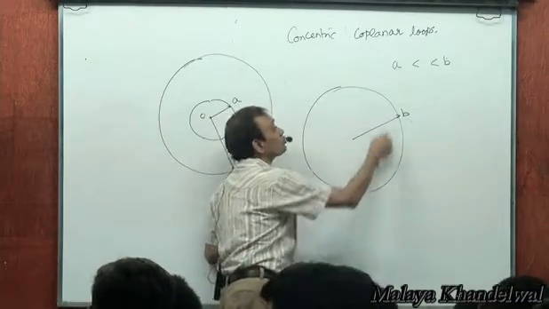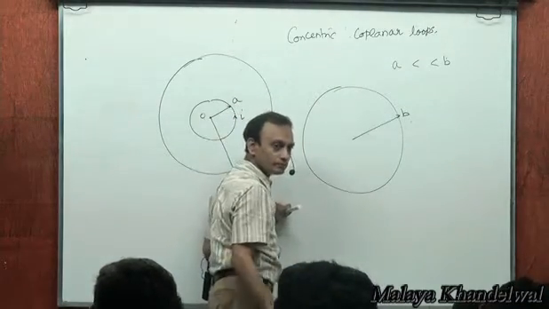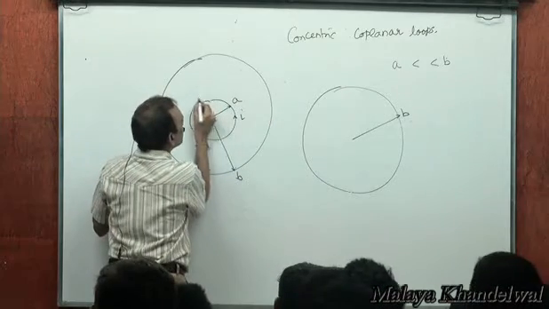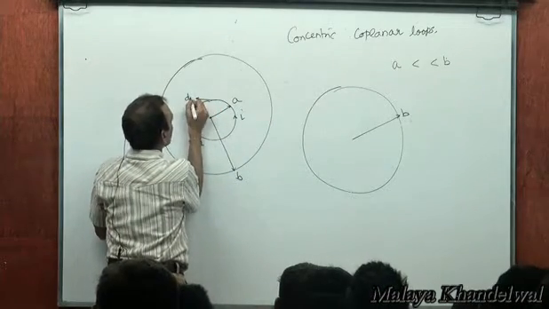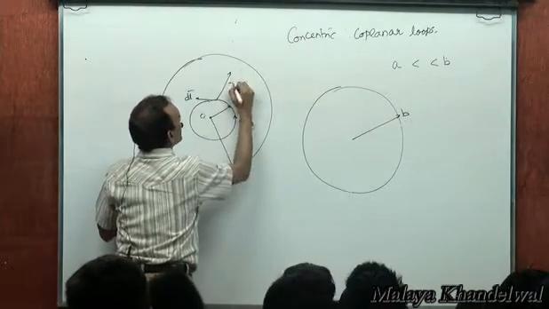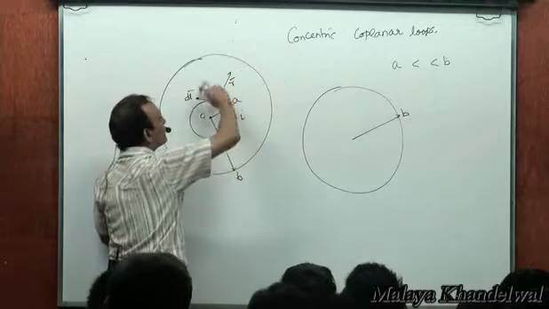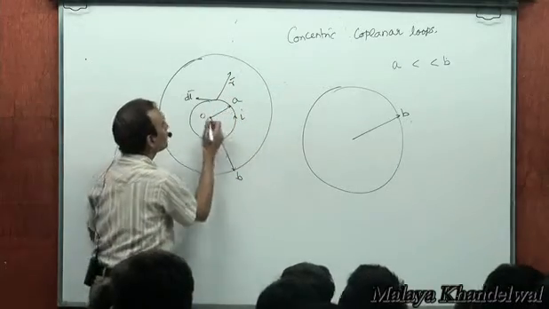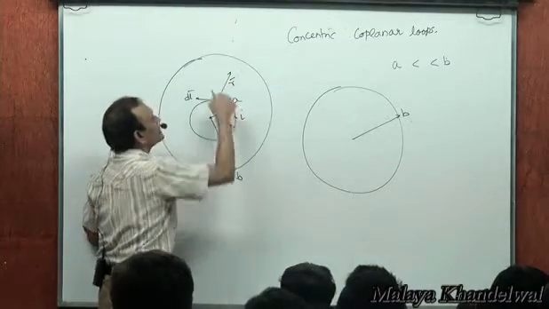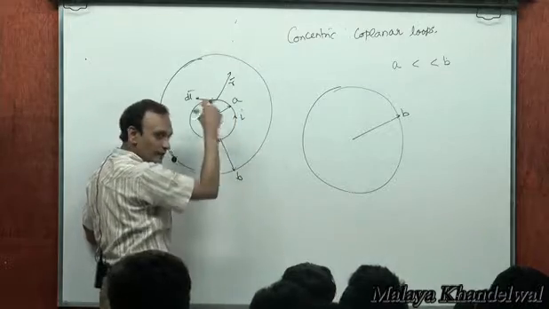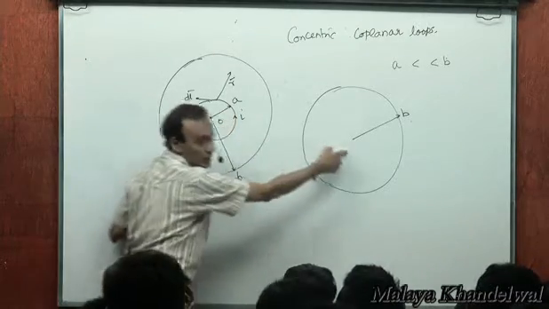This then would be a region of non-uniform magnetic field, because if I look at any element, let's say a dl and an r, in this annulus, then dl cross r would be into the plane of the board. That means the flux in this annulus would be into, but this is also a part of the bigger loop.